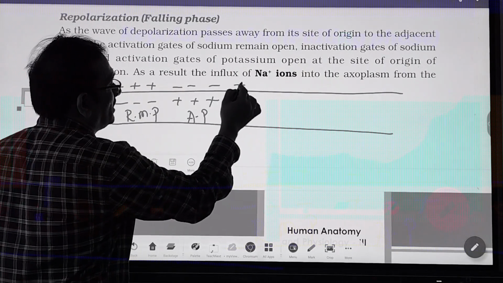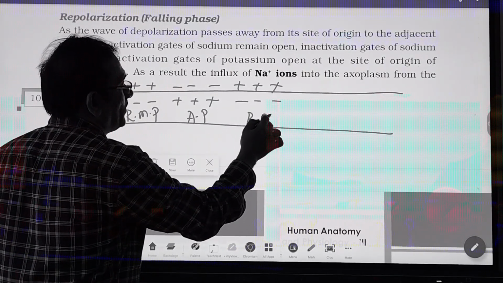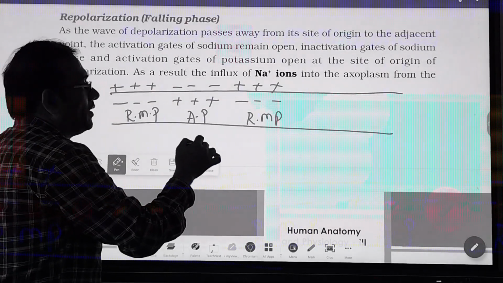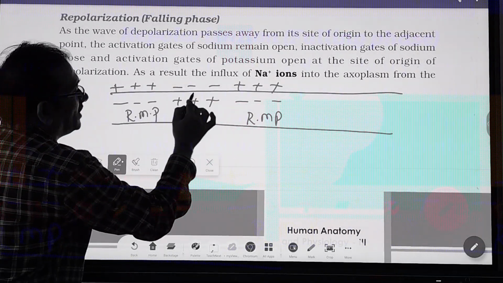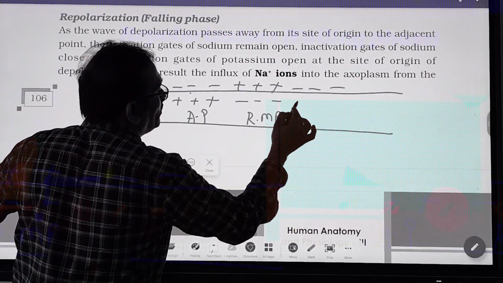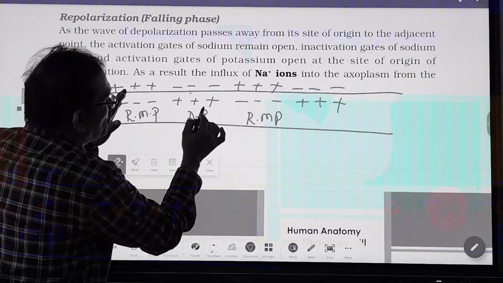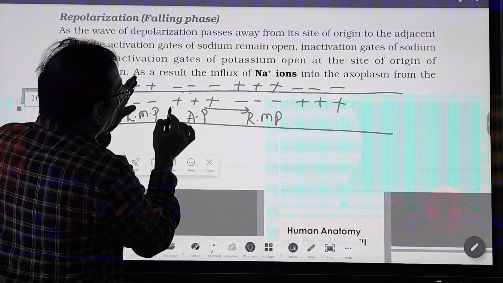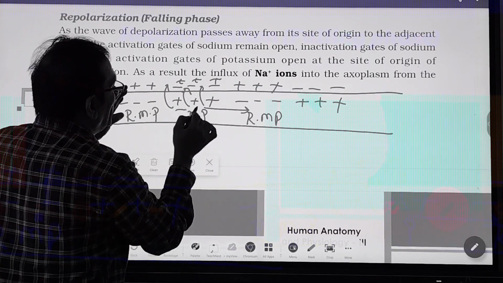Further, there is another positive, positive, positive, and here resting membrane potential. When this action potential moves on, here once again negative, negative, negative, positive, positive, positive. Immediately, as it moves here, this also is once again converted into positive, positive, positive and negative, negative.